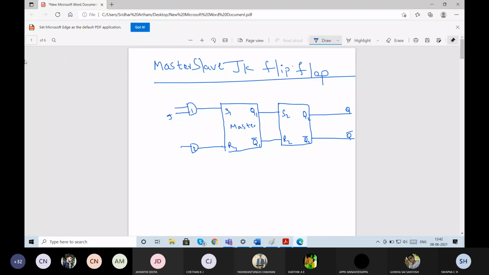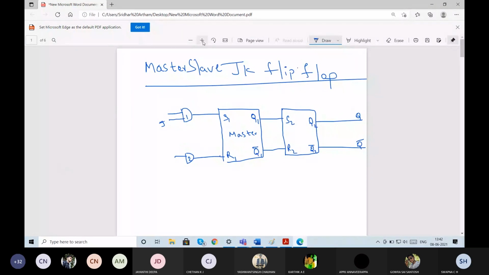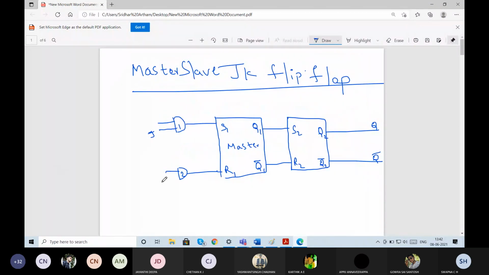This input is K. So these are the flip flops.